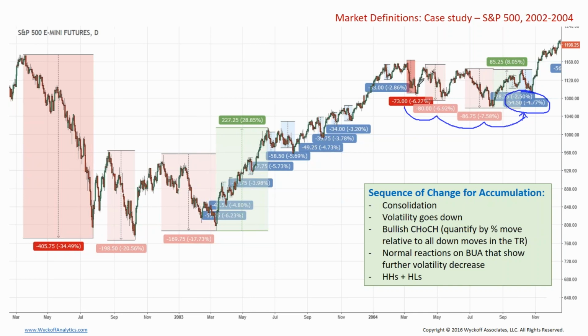What's happening with the rallies? Smaller rally, bigger rally, larger rally. So we're seeing how, going into this area right here, volatility to the upside increases and volatility to the downside decreases. So that area right here is our confirmation of a potential reaccumulation.